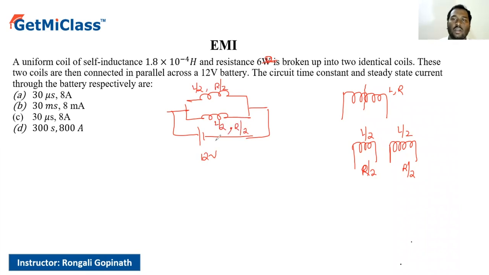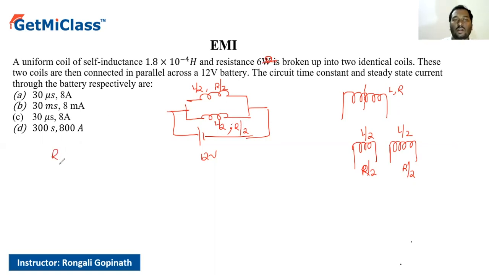Now first, let's try to calculate what is the steady state current. In a steady state, the inductor has no role to play and it is only the resistor. Now, these two, R by 2 and R by 2, they are in parallel. So the net resistance becomes R by 4, right?